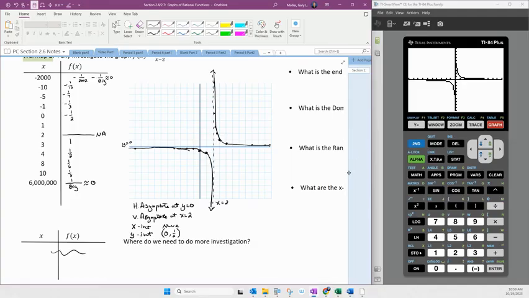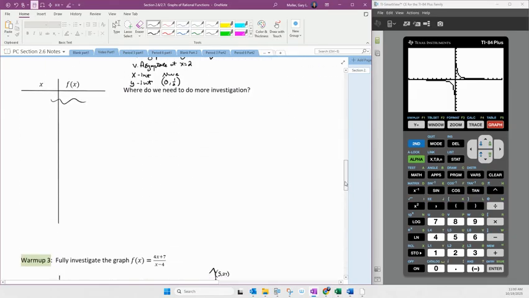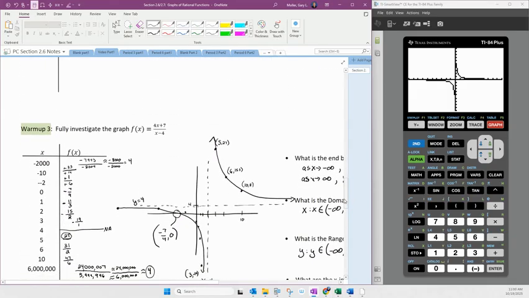So why were these problems a horizontal asymptote of 0, right? Why is this one going to 0 while this one went to 4? What it has to do with is investigating what happens when x gets very large.